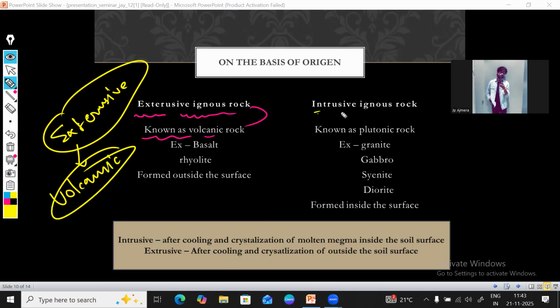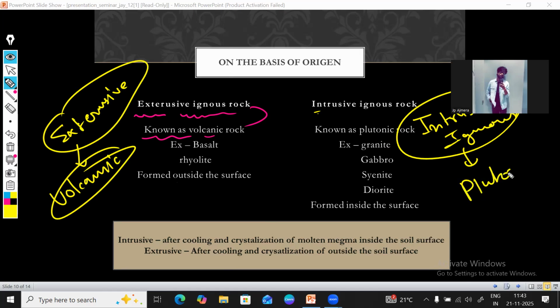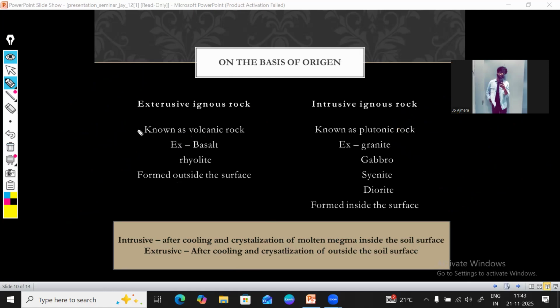And intrusive, the rock that is formed inside the soil surface, intrusive igneous rock, is known as plutonic. All right. Is that clear to you? Extrusive is known as volcanic and intrusive is known as plutonic. All right. Cool. So the nicknames are covered.